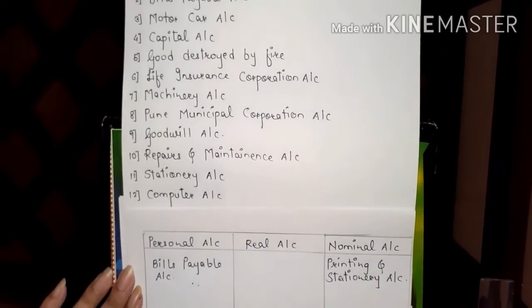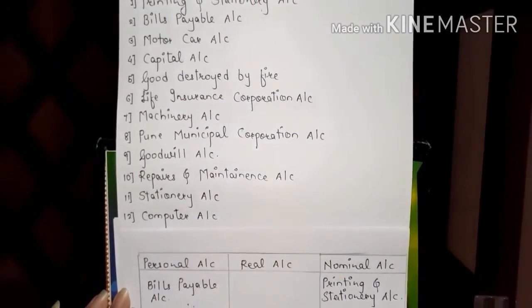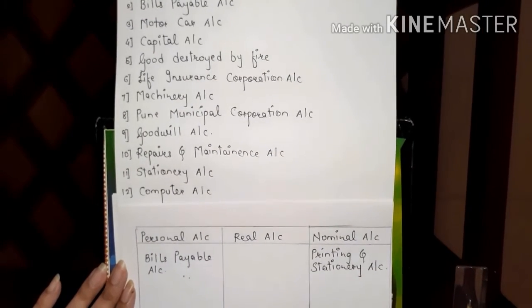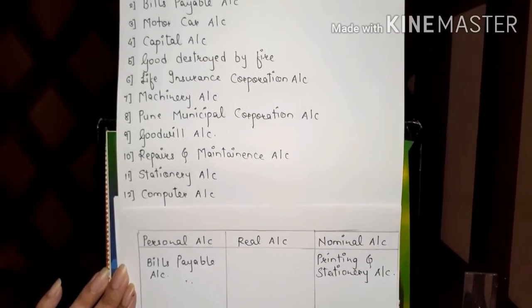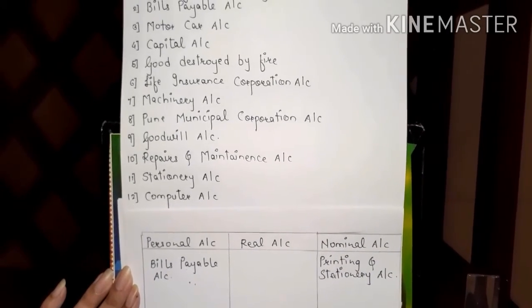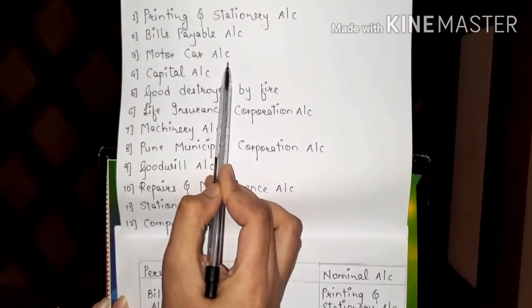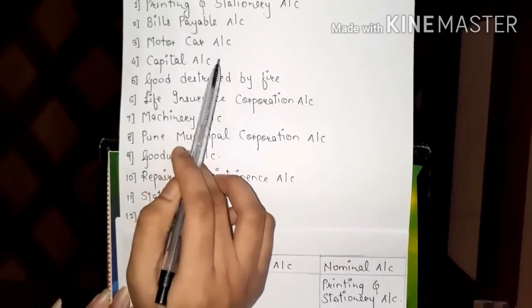Okay, let's take the third example, motor car account. Now this is the asset of our company. Motor car will always be our asset, because we have purchased it from the company's cash, from the company's money. This is not from the owner's wallet, it will be from the company's account.